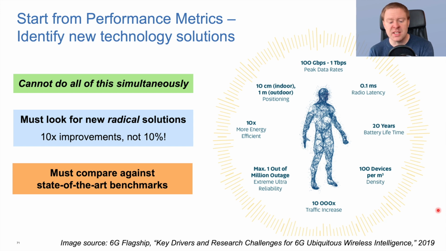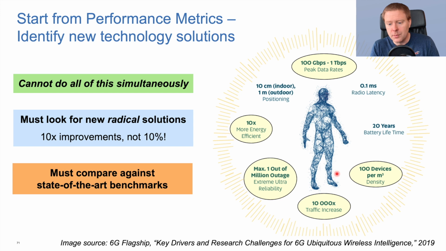So here is from the 6G flagship white paper from 2019, some of the main use cases that people have been talking about, or rather performance metrics. I think that reconfigurable intelligent surfaces and holographic MIMO is mainly about the things that I have circled here. We can improve energy efficiency by utilizing our transmission energy much more effectively, focusing the energy where it should be and not where it shouldn't be.